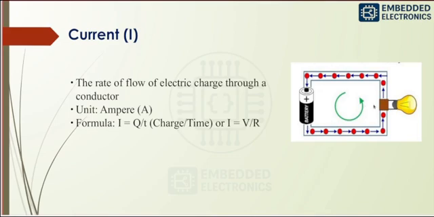The unit of current is the ampere, represented using the letter A. The formula is I equals charge by time, Q by t. There is also one more equation, V by R, which we get from Ohm's law.